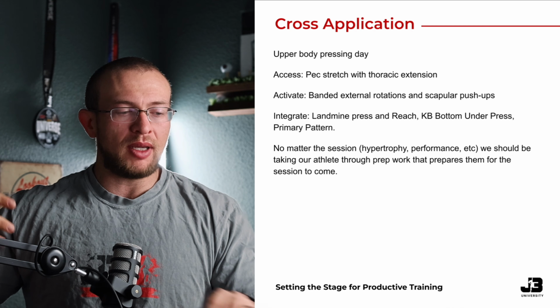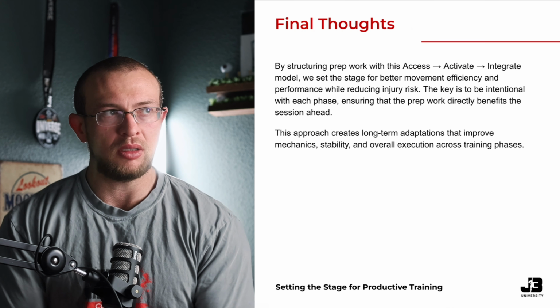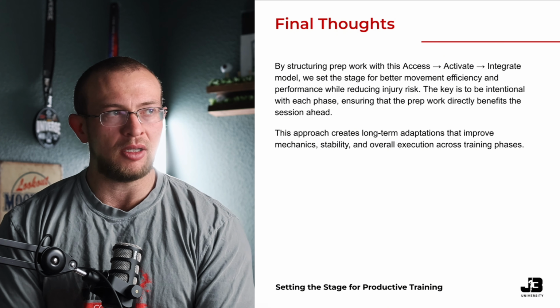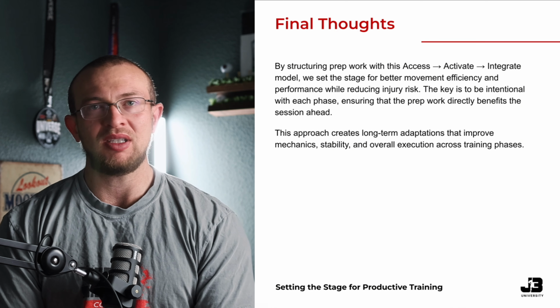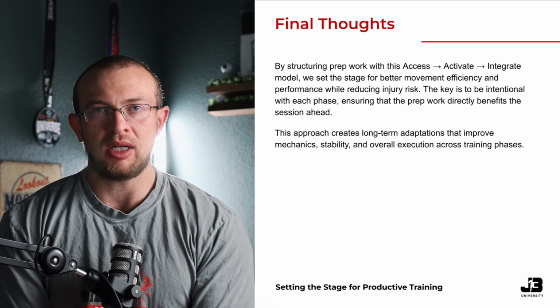So when I move activate intra-session, what I'm doing here is I'm just trying to get more mechanical tension to the target tissues. So by structuring prep work this way, access, activate, integrate, we set the stage for better movement efficiency. Movement efficiency can look 100 different ways depending on the adaptation you're trying to drive.